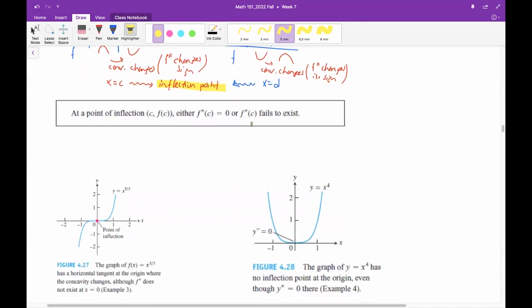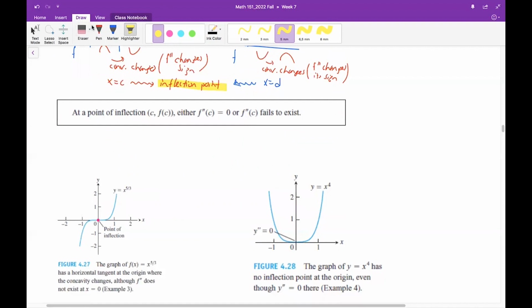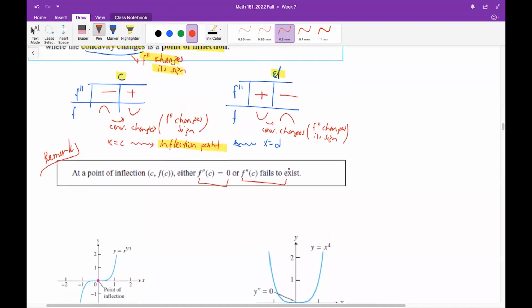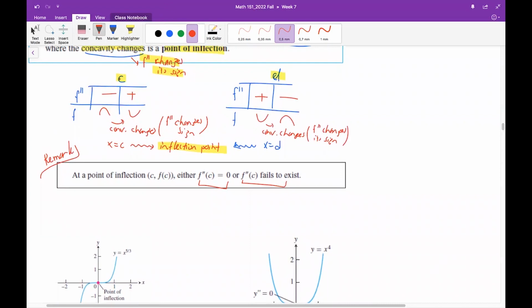So here is a remark for you, a very useful one. At a point of inflection, either the second derivative is 0 or the second derivative fails to exist, okay? So either at this c or d, either you have second derivative 0 or the second derivative fails to exist.